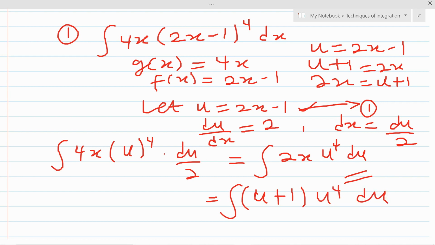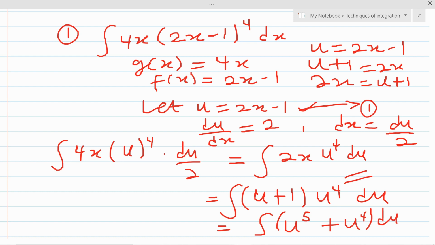And now everything will change back to integral of u to the power 5 plus u to the power 4, all du. So now this changes back to the normal thing that we started with. Like if you have integral of x to the power 6 plus x to the power 7 dx, then you apply your basic rule.